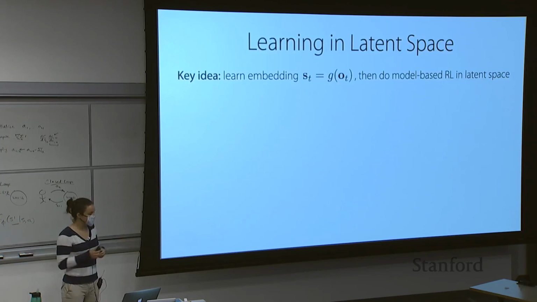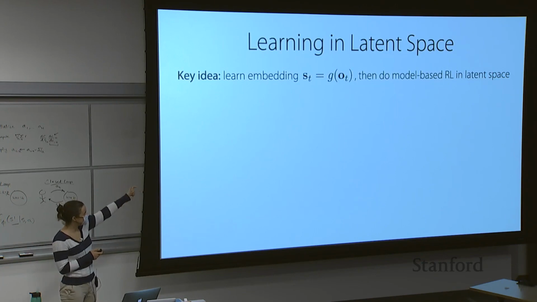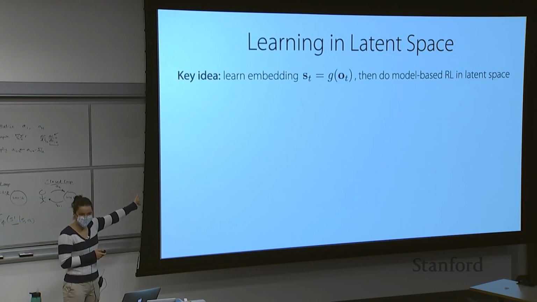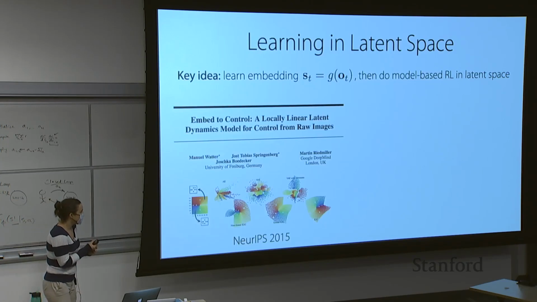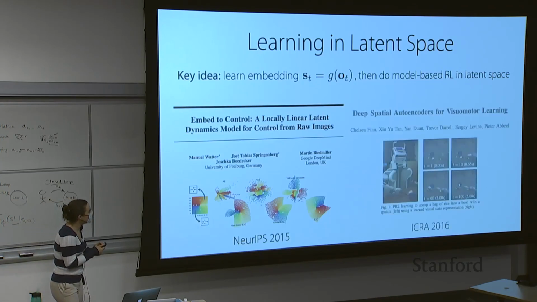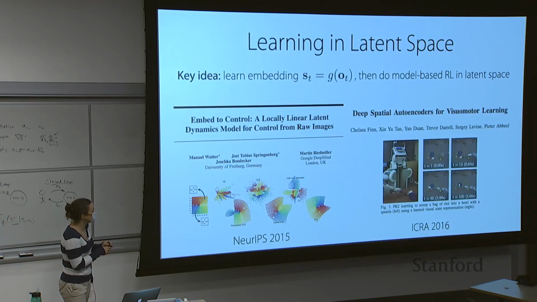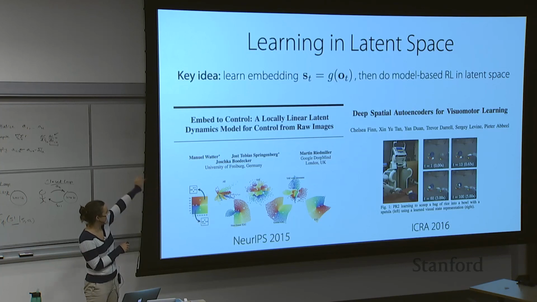So the key idea is to essentially learn this latent encoder G. And then once you get this low dimensional latent state space, you can just do model-based RL in that space. There are a couple of different approaches that have looked at a problem like this, and we'll go over essentially these two approaches. Really the key challenge is how to do this first step of learning the low dimensional latent state space.